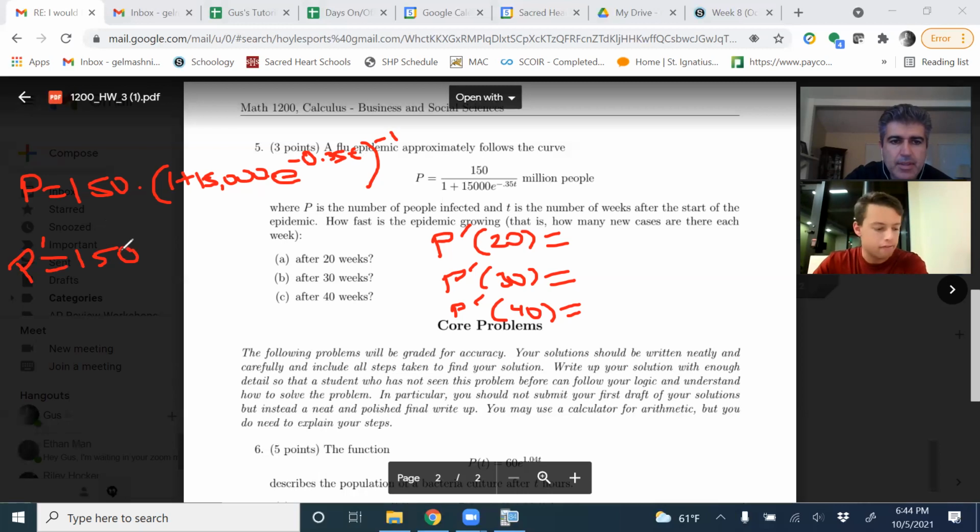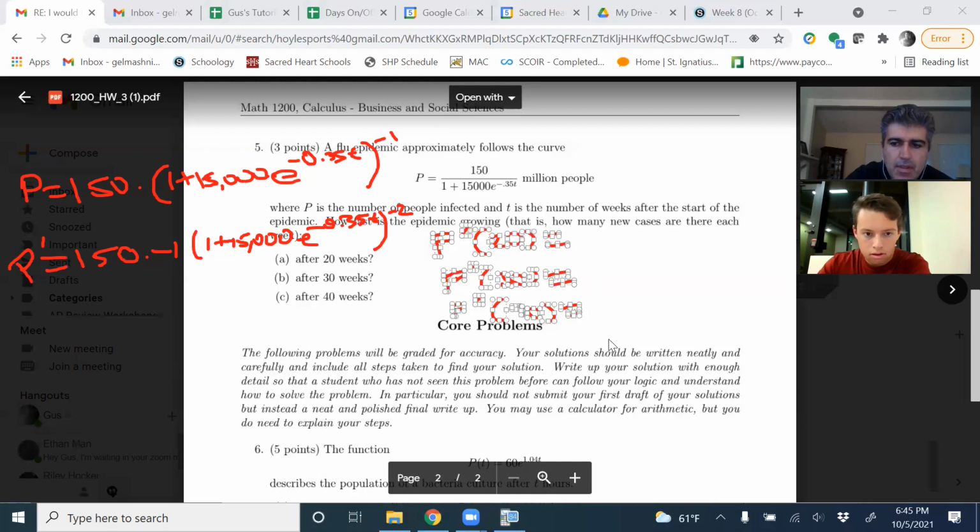What I do is I move the -1 to the front. P prime equals... plus 15.